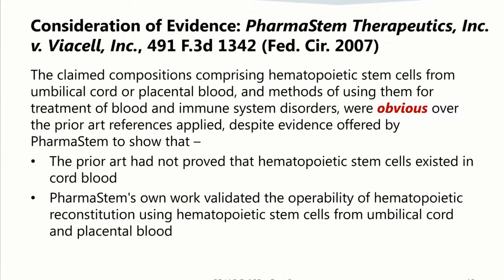This evidence included that prior art had not proven that hematopoietic stem cells existed in cord blood, and PharmaStem's own work validated the operability of hematopoietic reconstitution using hematopoietic stem cells from umbilical cord and placental blood.